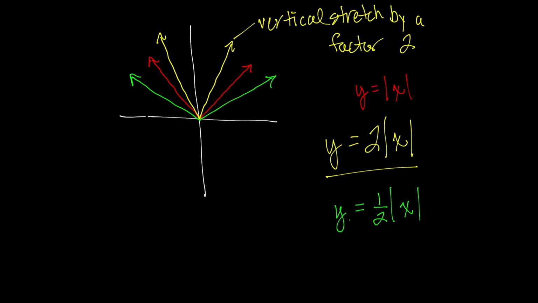So sometimes it's called a shrink, but it's still technically a stretch, by a factor of 1/2. So stretch by a factor of 1/2. And that is essentially what a vertical stretch is. So in the next slide, I will show you a horizontal stretch or a horizontal shrinking.